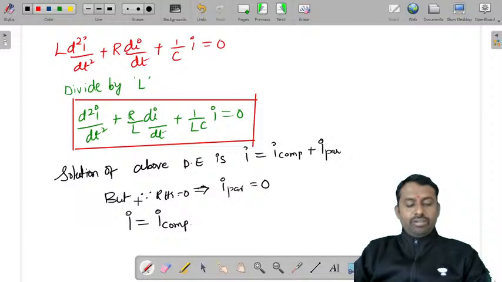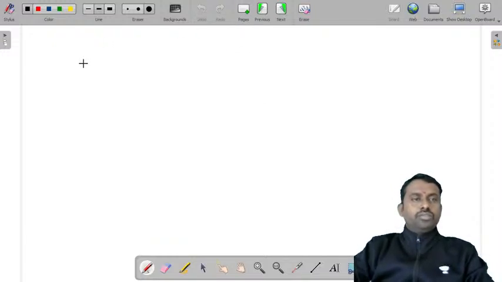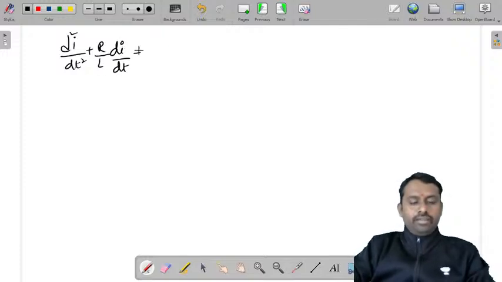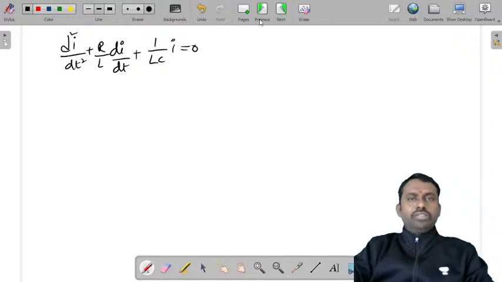How do you find this I complementary? We have the differential equation d square I by dt square plus R by L into di by dt plus 1 by LC into I is equal to 0. This is what we got, right?